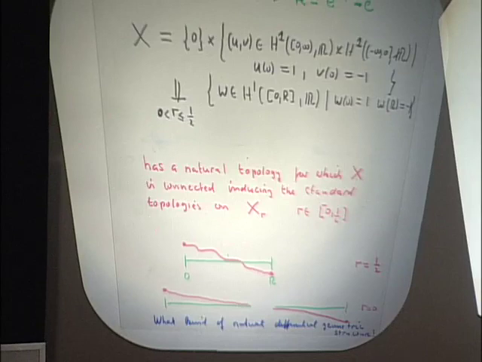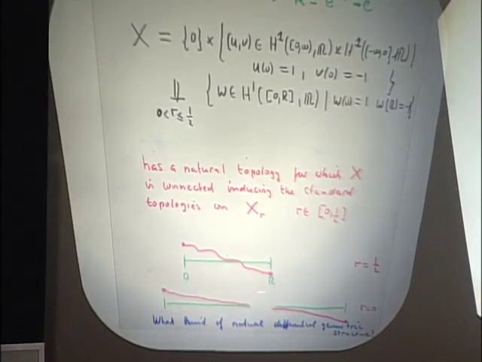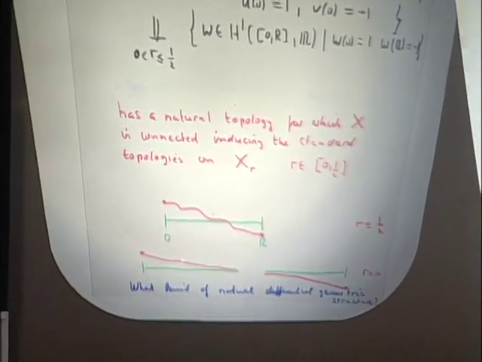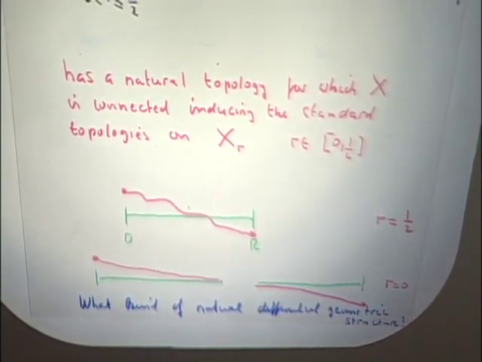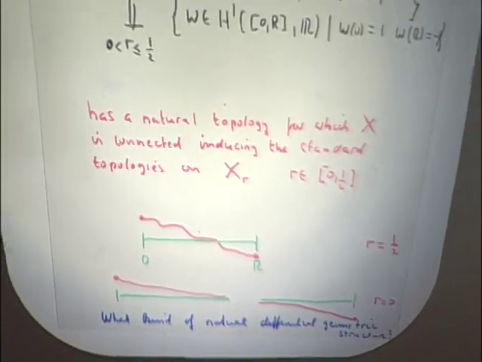And these things here are actually open and dense in the whole space, also containing these. But then for this natural topology, finding a neighborhood which is in some sense an open set in a Banach space, describing the neighborhood of this thing, is basically impossible.